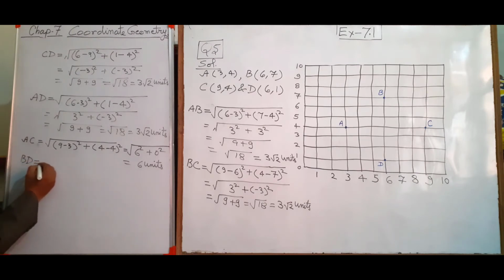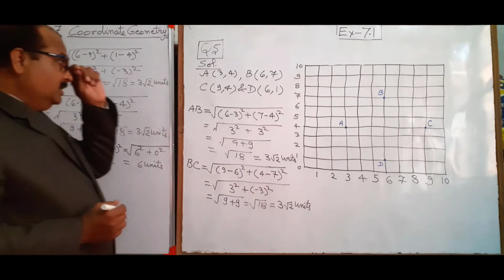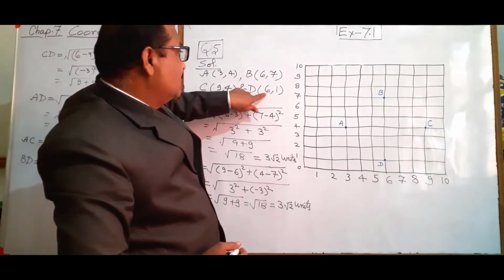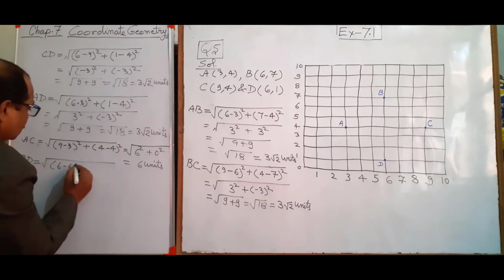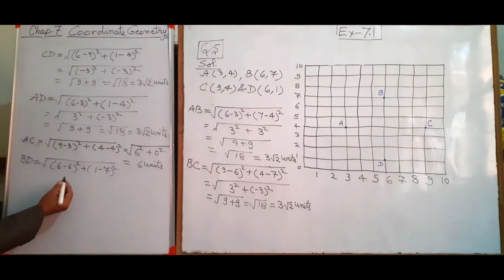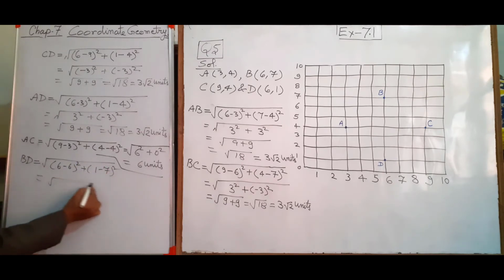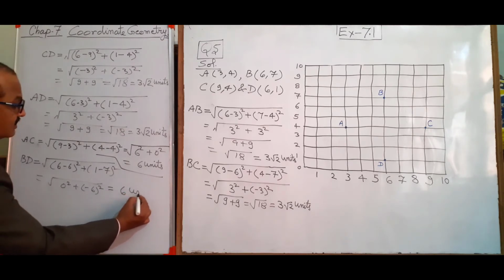Also we can see the length of BD. Where is B? This is B, this is D. So BD we can write (6 minus 6) whole square plus (1 minus 7) whole square. You can see it is coming 0 square plus (minus 6) square. If you simplify, you will again get 6 units.